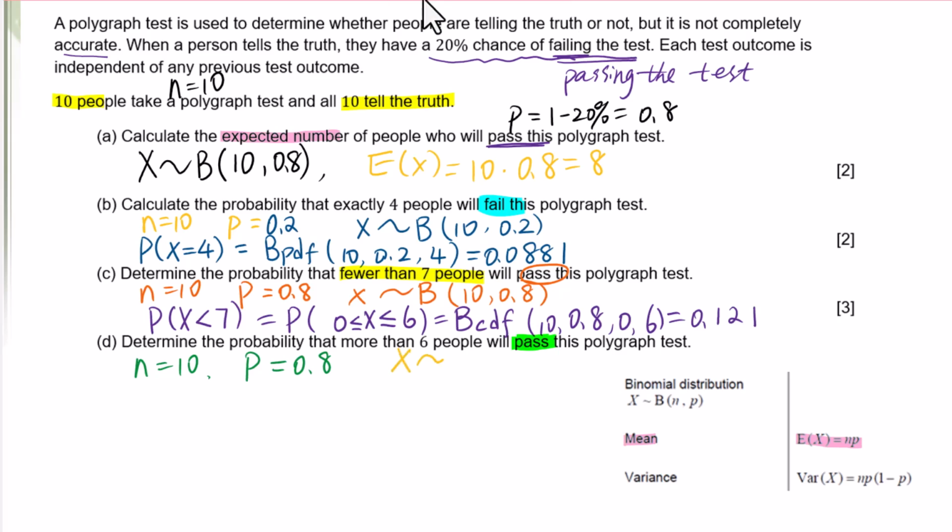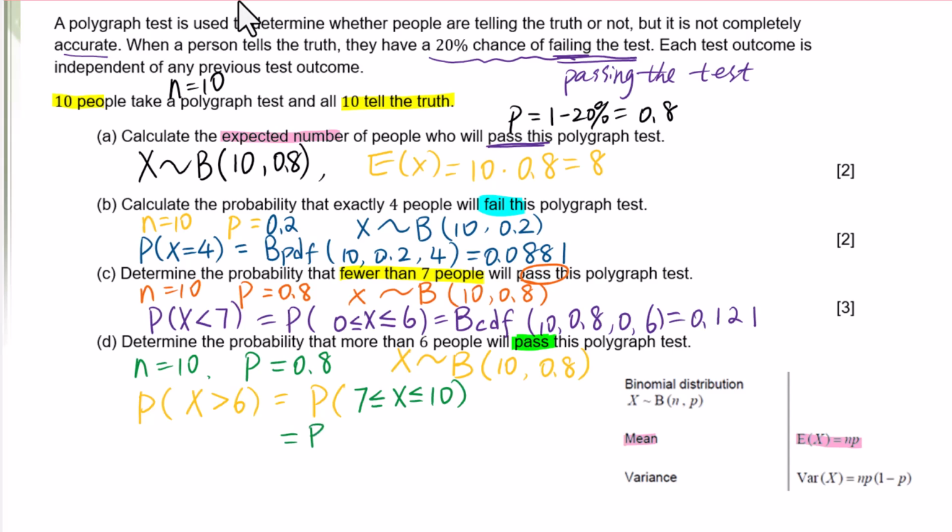X follows a binomial distribution with 10 and 0.8 as the probability of success. We are looking for the probability of X greater than 6, which means X greater than or equal to 7, less than or equal to 10.